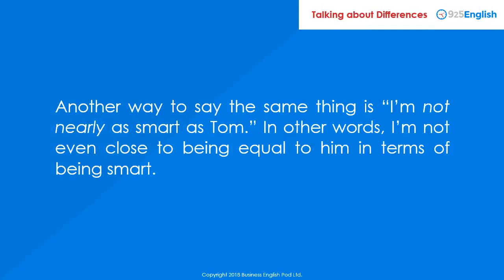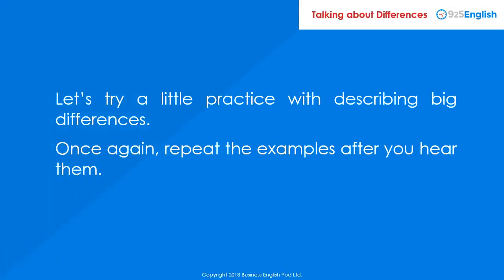Another way to say the same thing is, I'm not nearly as smart as Tom. In other words, I'm not even close to being equal to him in terms of being smart. Let's try a little practice with describing big differences. Once again, repeat the examples after you hear them.